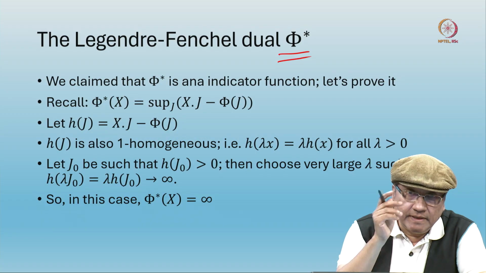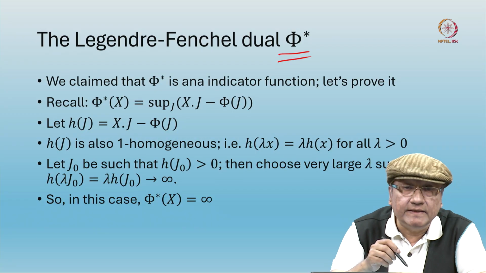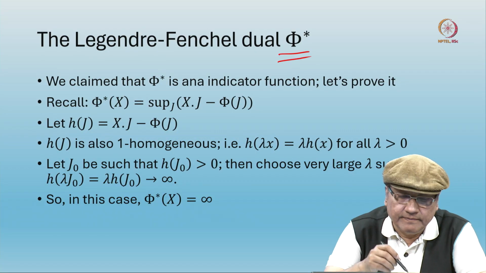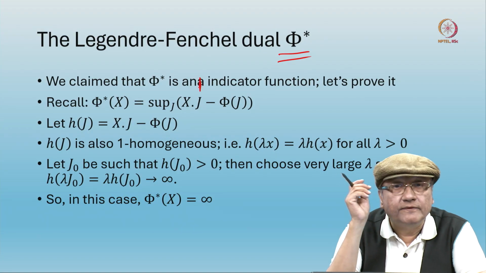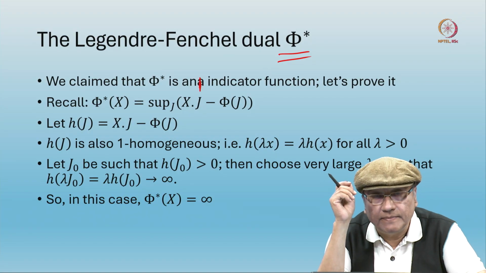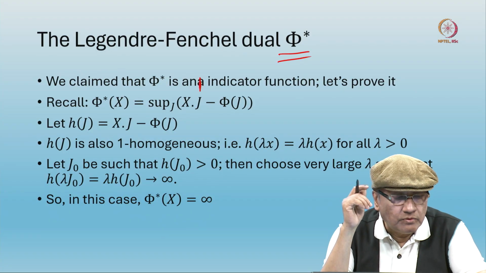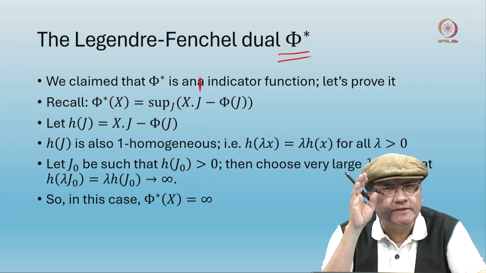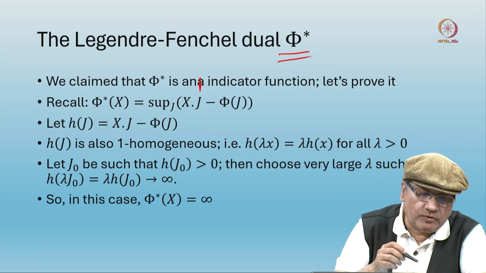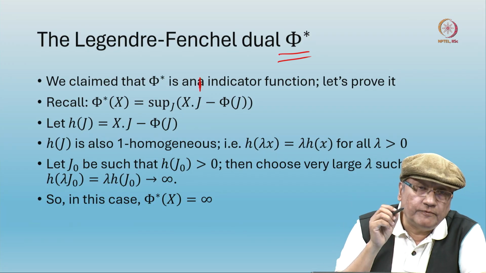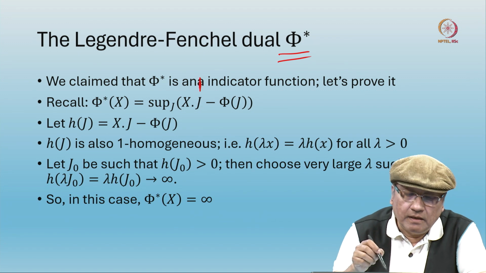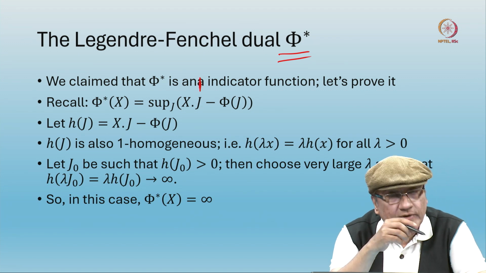We claimed in the last lecture that phi star is an indicator function, but let us prove it now. Let us recall the basic definition of the Legendre-Fenchel transform. Phi star works on stress like quantities.